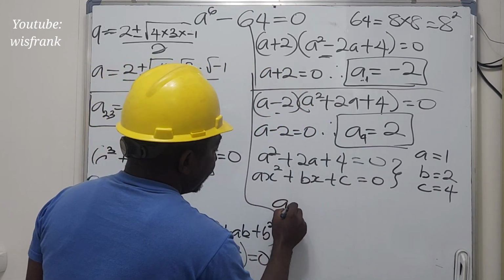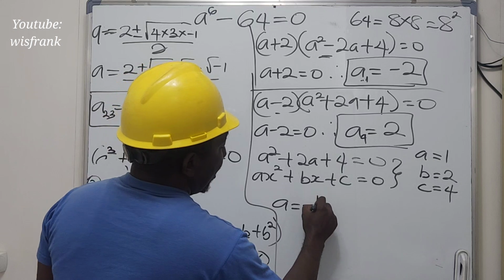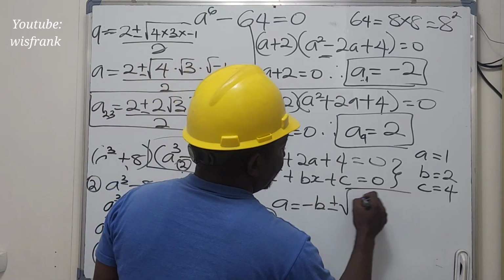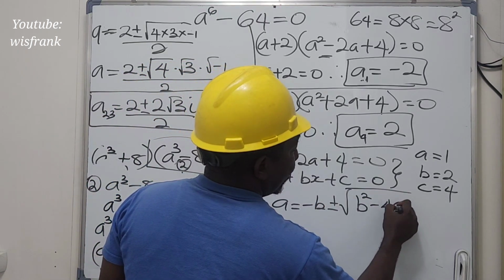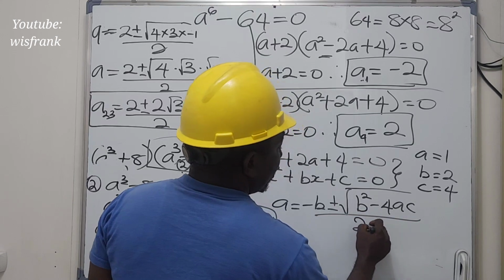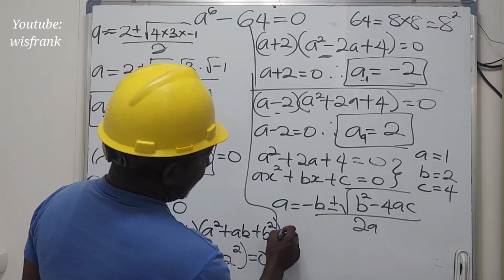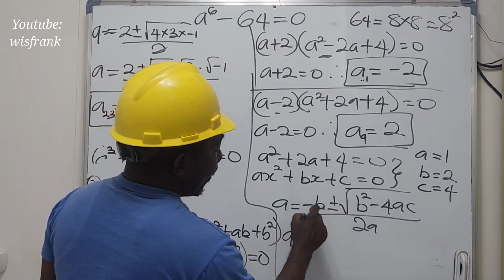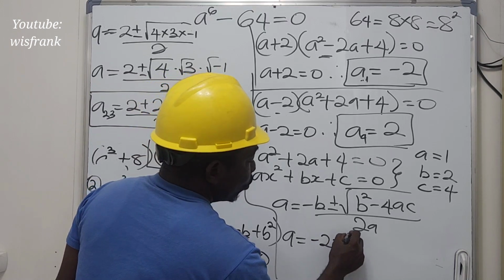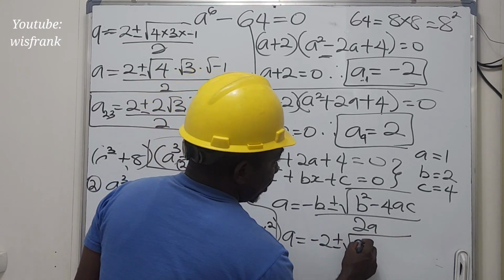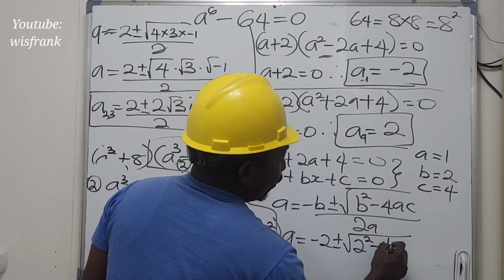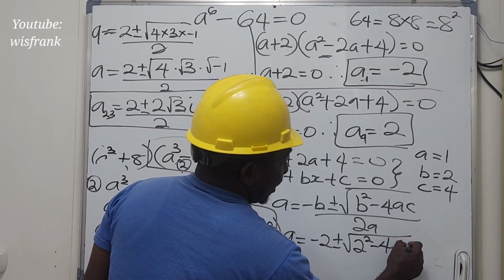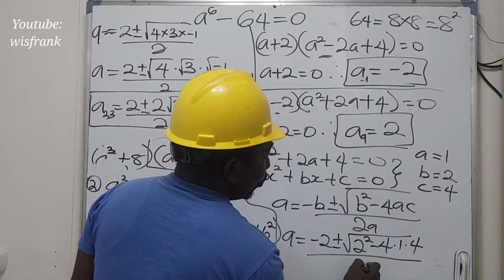Substituting that into the quadratic formula, where we have a equals minus b plus or minus square root of b to the power of 2 minus 4ac all over 2 times a. In that case, our value of a will become minus 2 plus or minus square root of 2 to the power of 2 minus 4 times 1 times 4, all over 2 times 1.